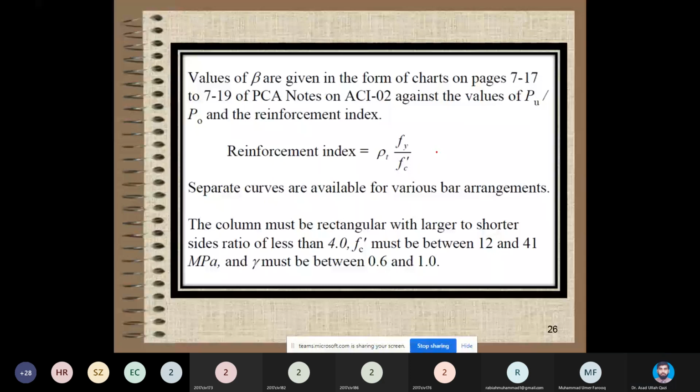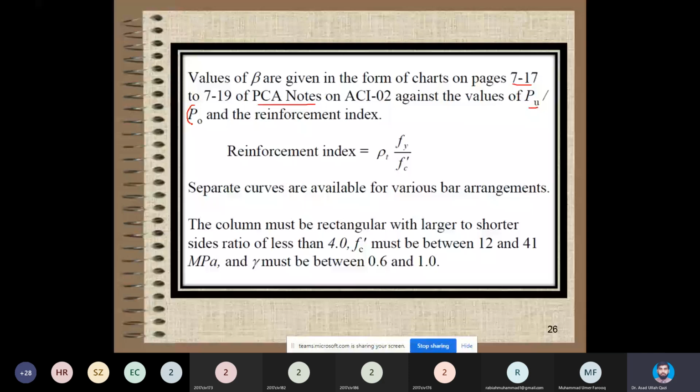The reference pages are also given, and in PCA, Portland Cement Association notes on ACI 2002 and 2008 and onward publications, they publish them against the values of ultimate demand on the column divided by axial capacity of the column, and reinforcement index.